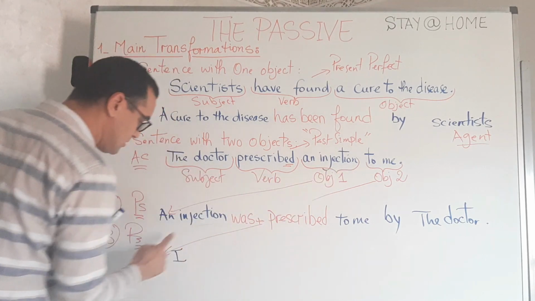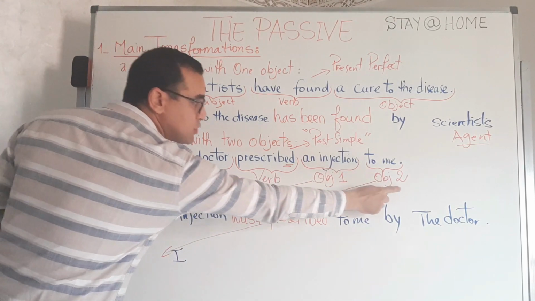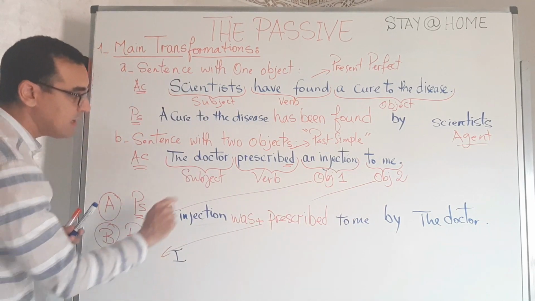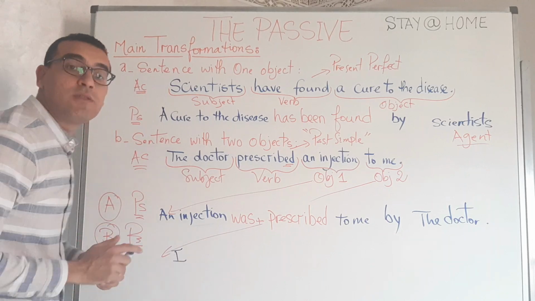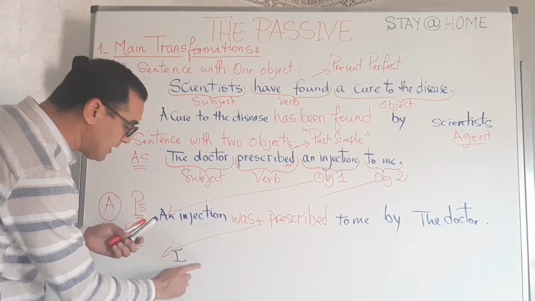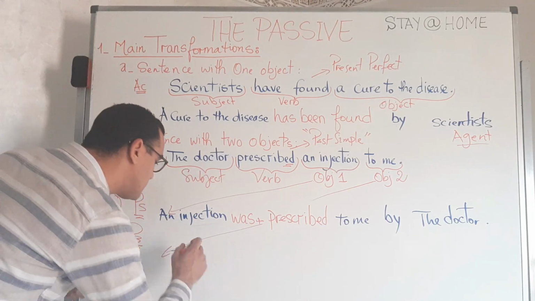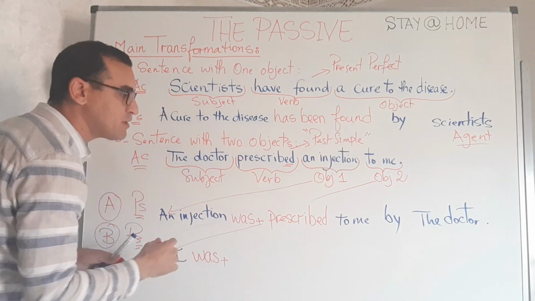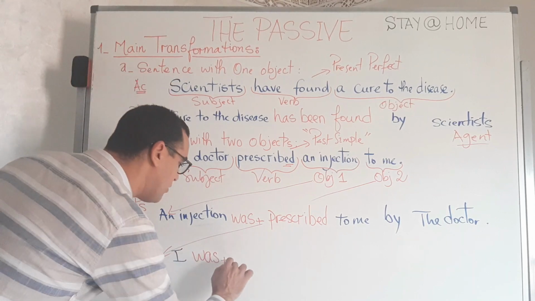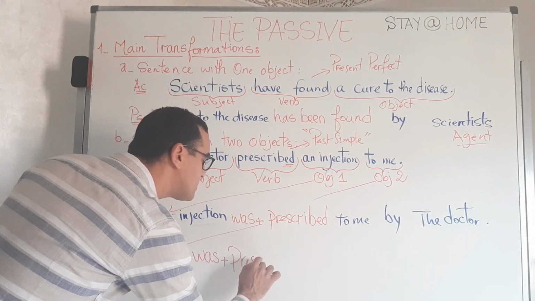We have moved the object to the initial position. The verb prescribed is in the past simple, so we put the verb to be in the past simple. I is singular, so I was, plus the verb prescribed in the past participle. I was prescribed.